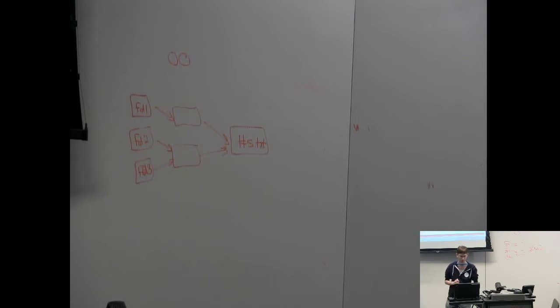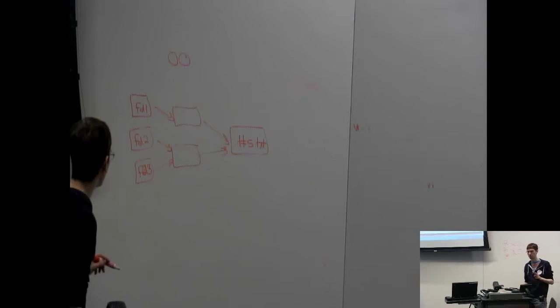Okay, so let's see what the child does. The child does a read and prints 1 from file 3. Actually, maybe we should draw the diagram for what the child looks like now, shouldn't we?